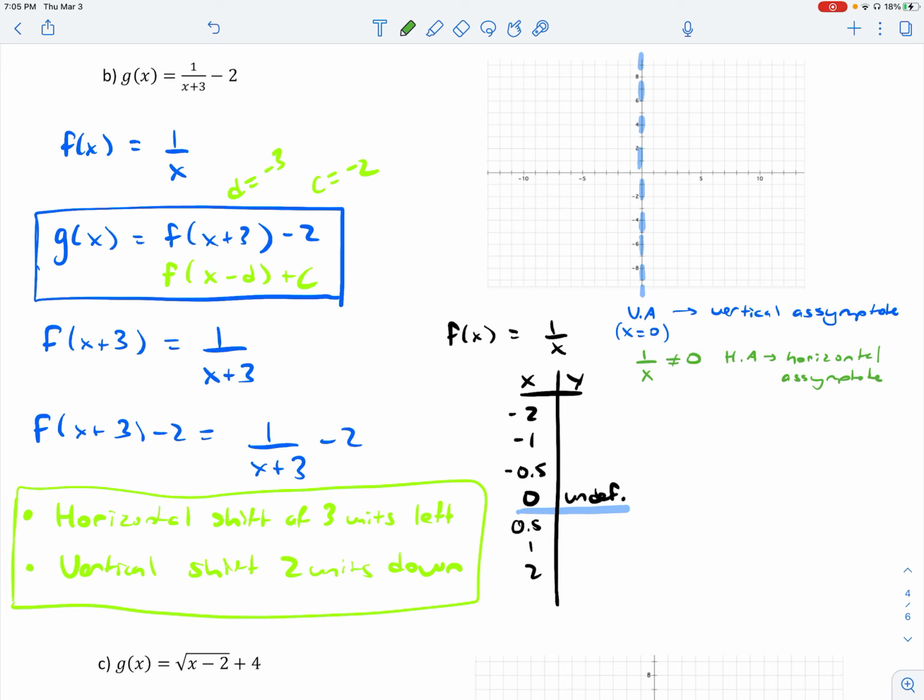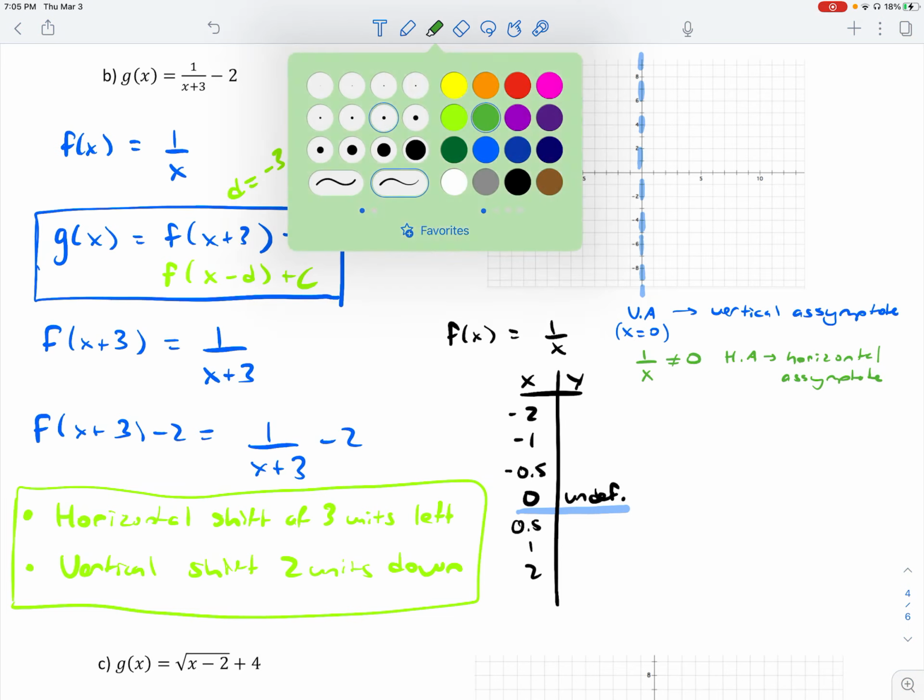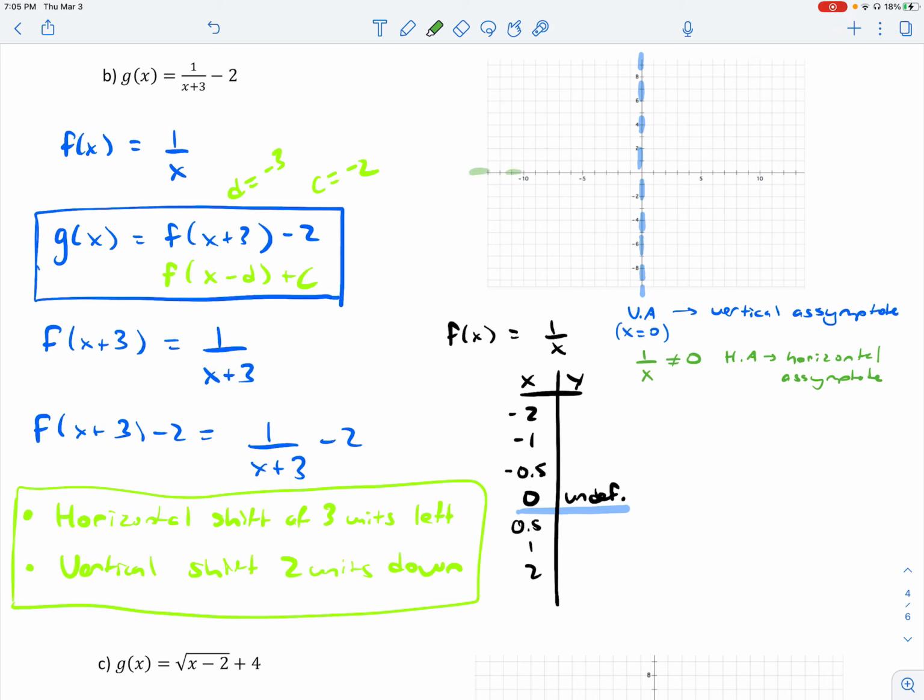So that means that, I'll do this one in green, the graph will actually never hit the x-axis, because apparently, according to the equation, it can never equal 0. So I'm going to label that one right here. I'm going to call it the HA, and I'm going to write x equal to 0. That's the equation of that line.